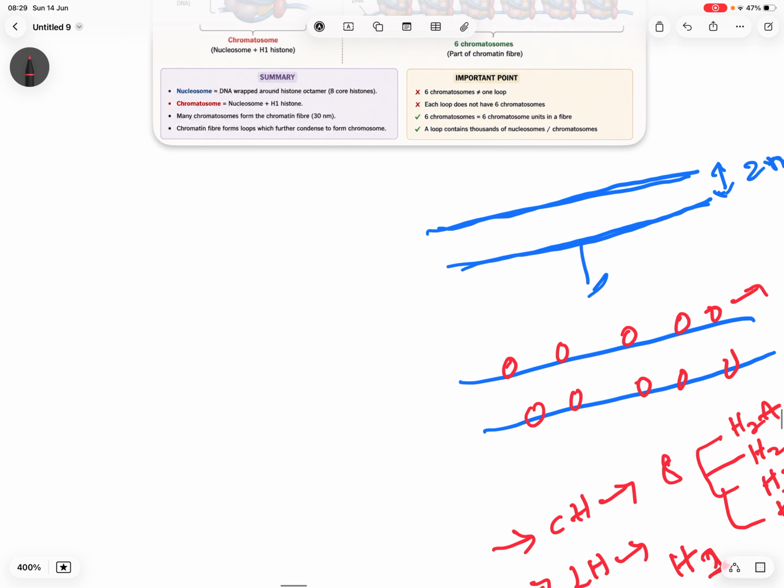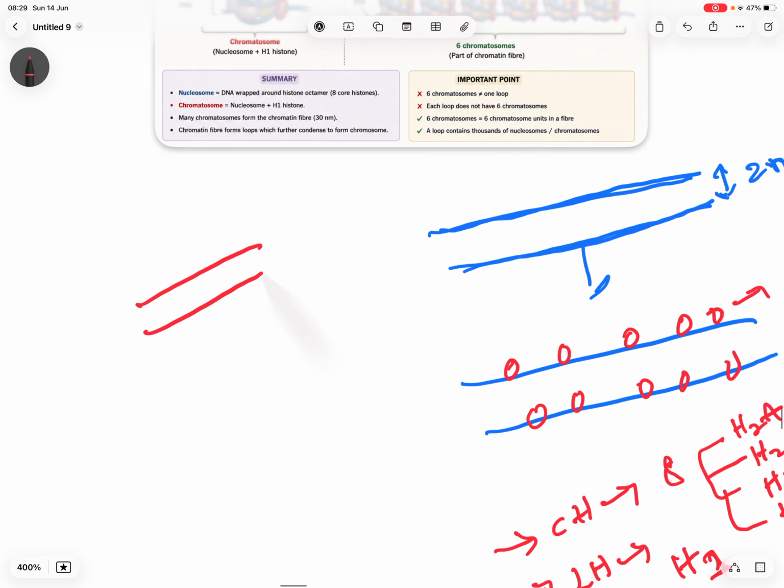As I said, this 2 nanometer structure of DNA in its long form condenses. When it condenses, the length shortens and the diameter increases.